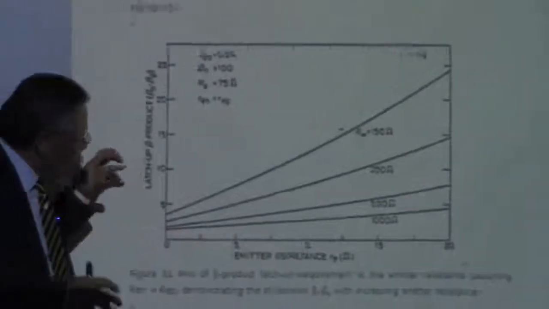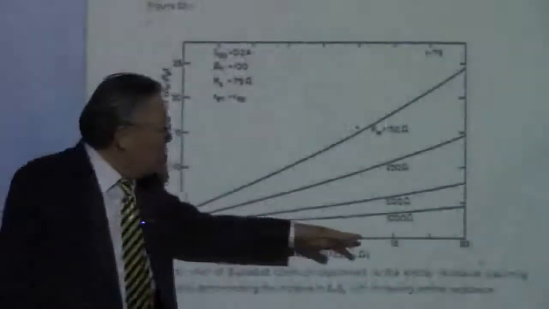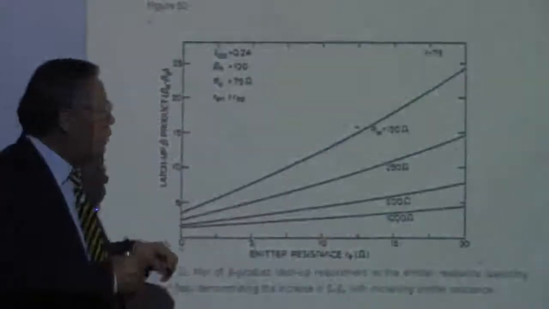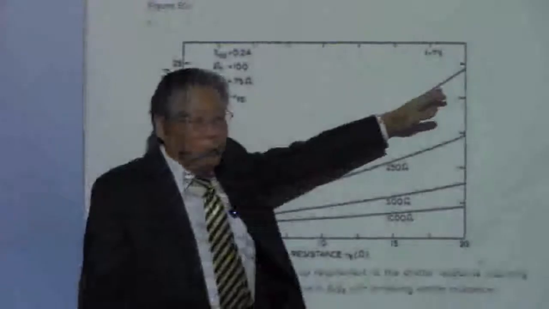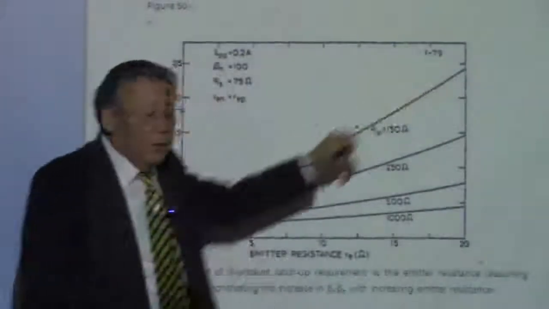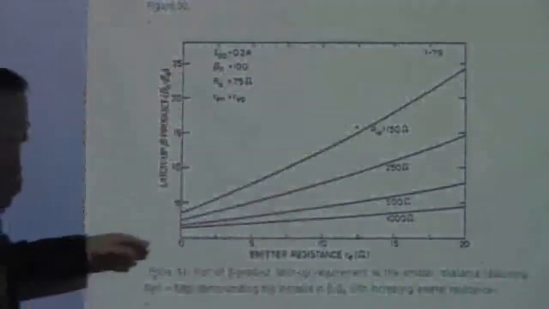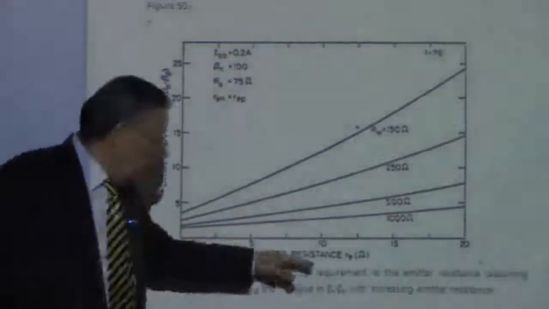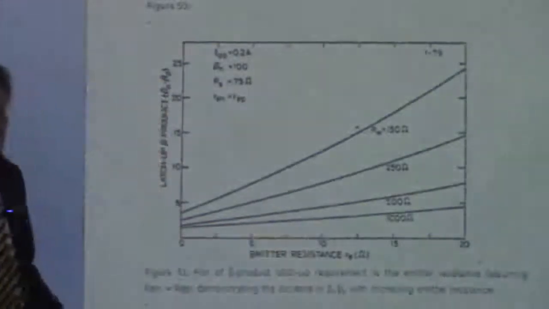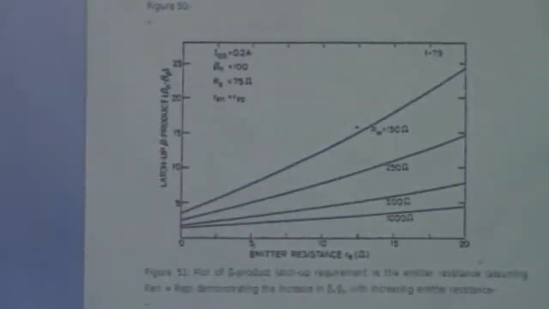So if you increase the resistance, then the criterion for the latch-up to occur is going to be bigger and bigger. So it is beneficial to prevent the latch-up to have high resistance of the emitter. Okay?